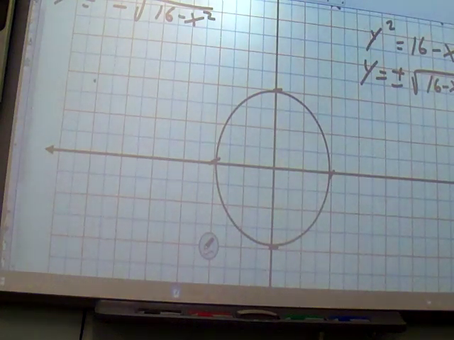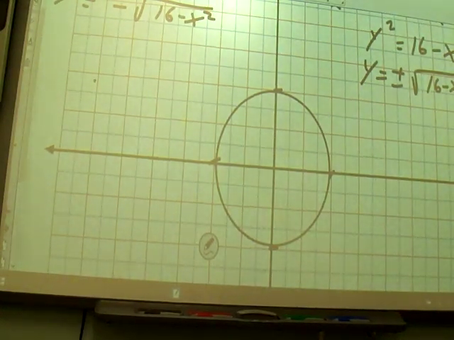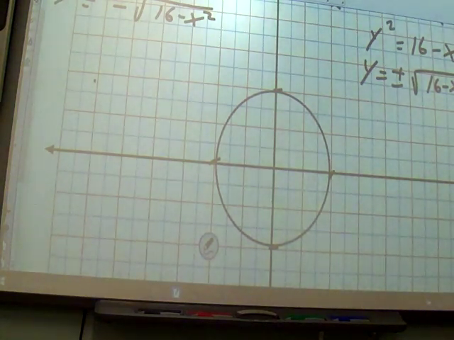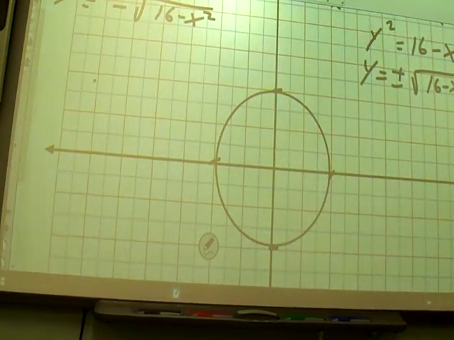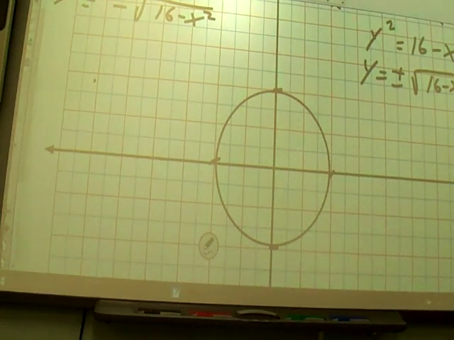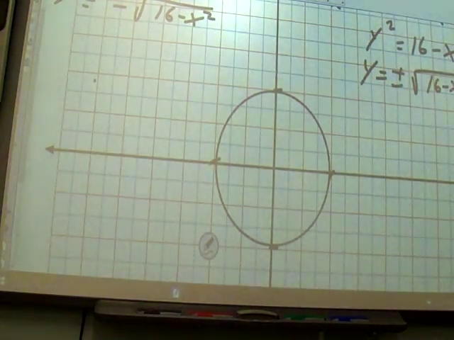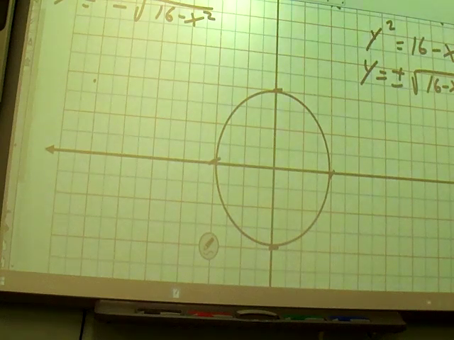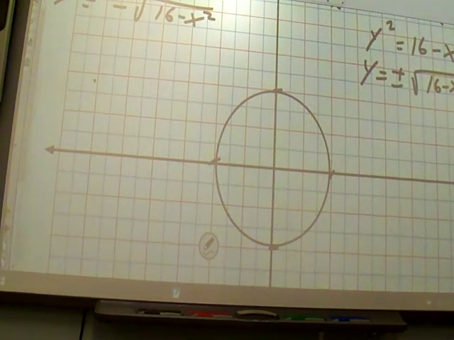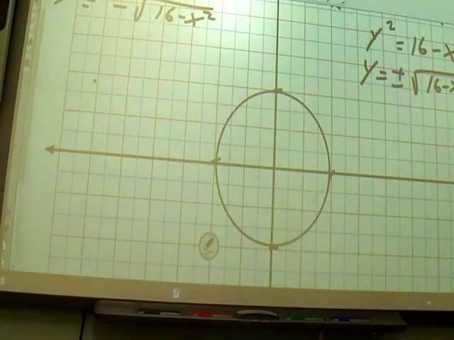Look at mine. It's not even a perfect circle. It's okay, Michaela. He said it looks like my head.